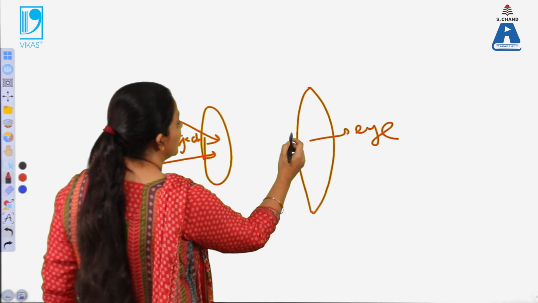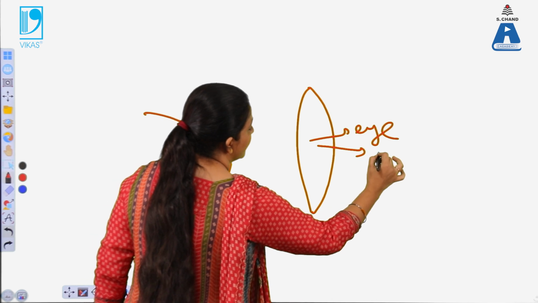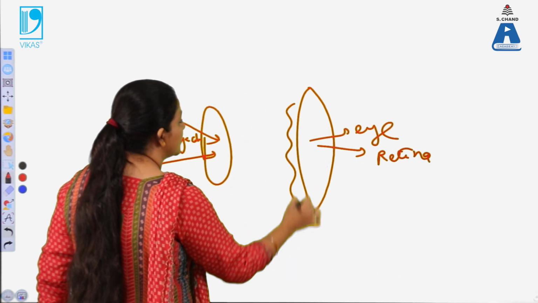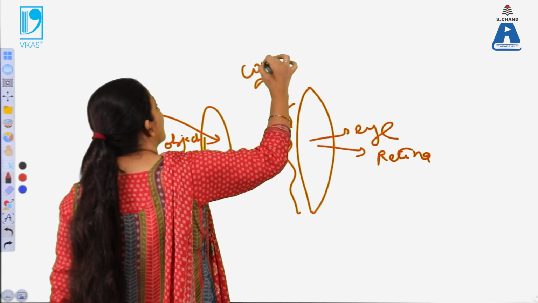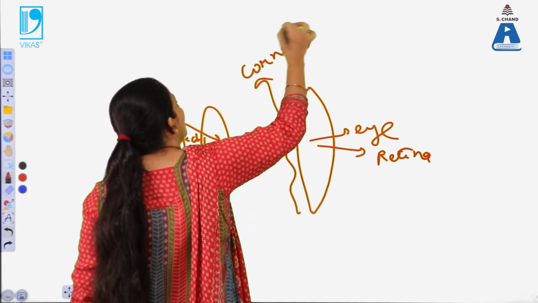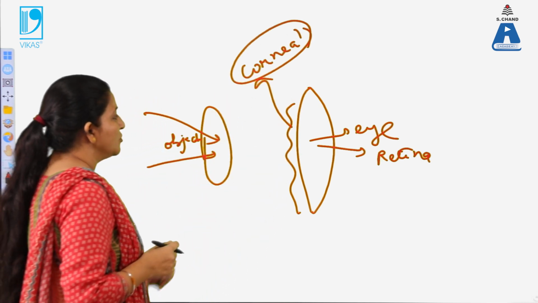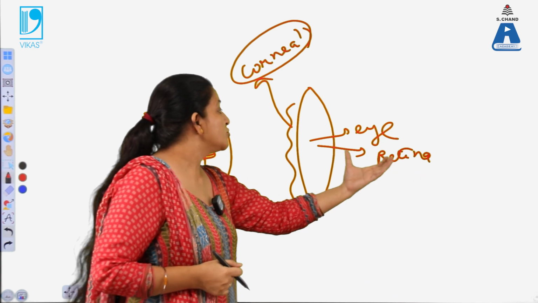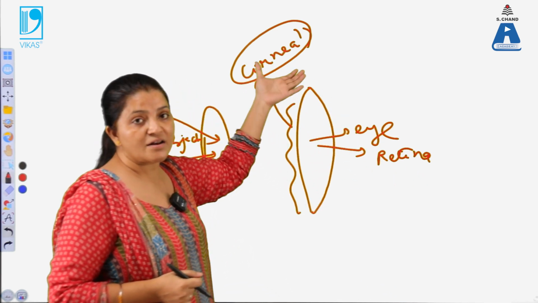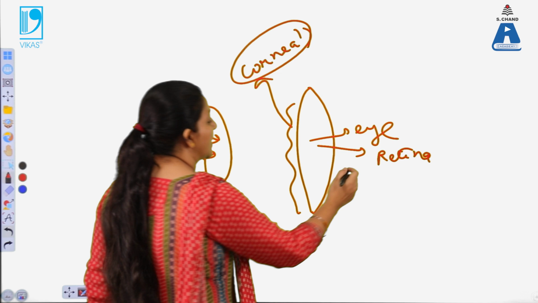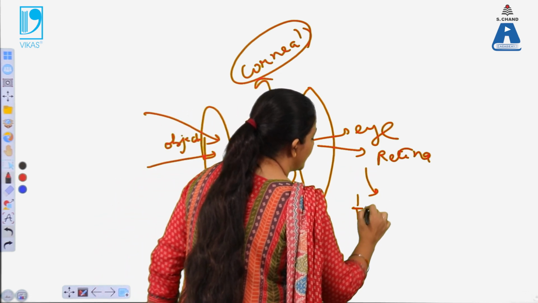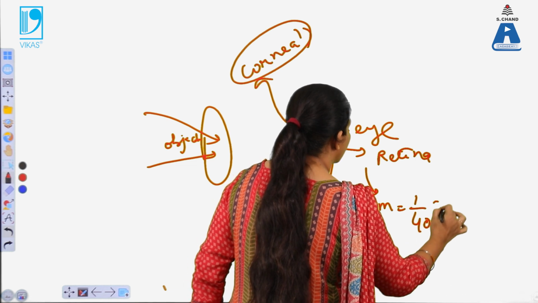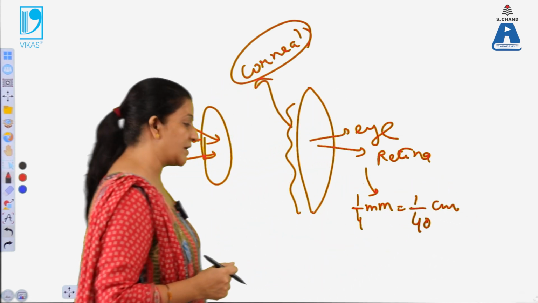In the back side there is the retina, and in the first portion the cornea is present over here. At the back end the retina of our eye acts. All these things are different in size. Its size is around 1 by 4 mm, that is around 1 by 40 centimeter, which is very small in size.